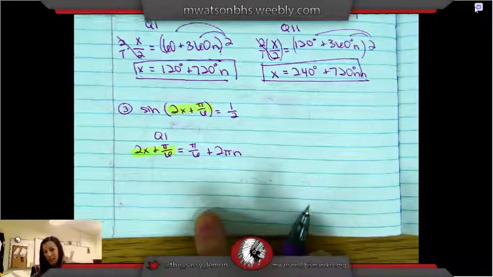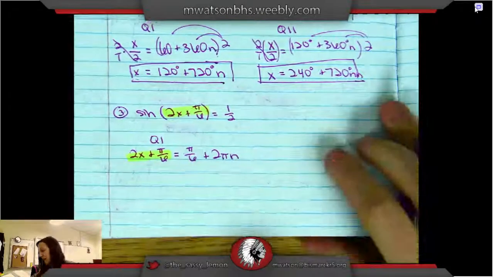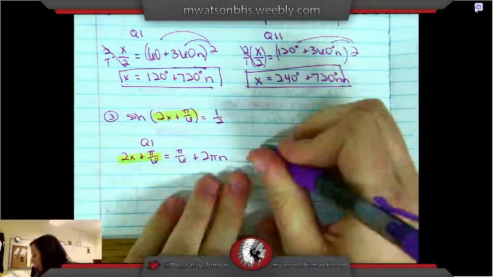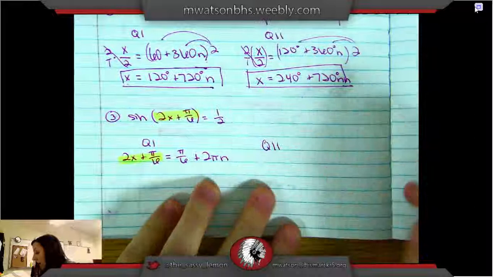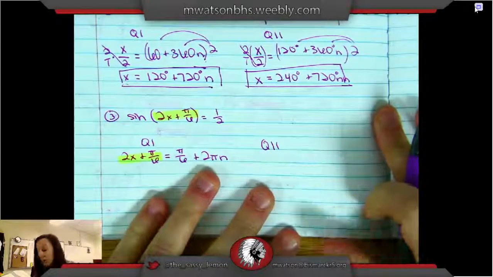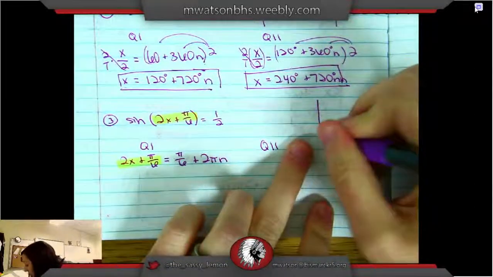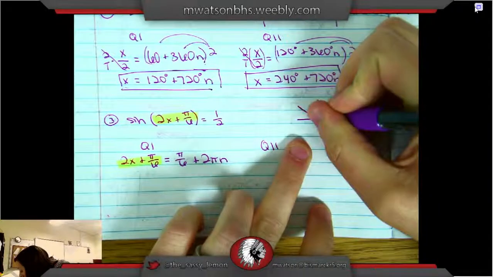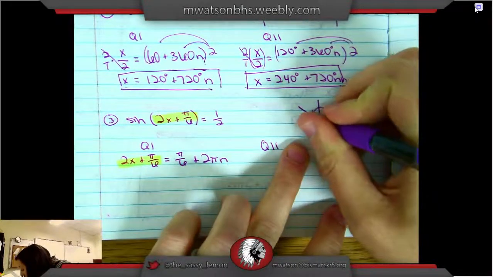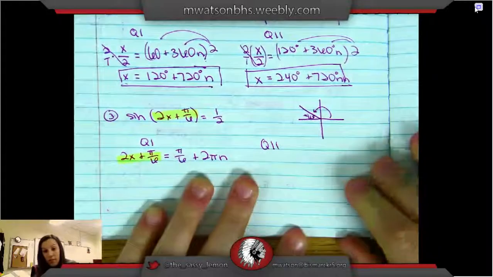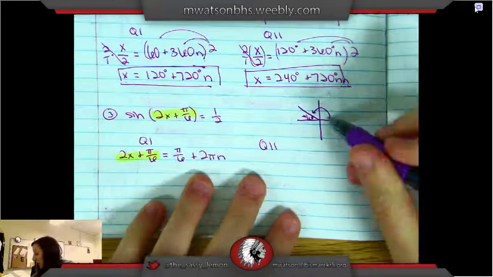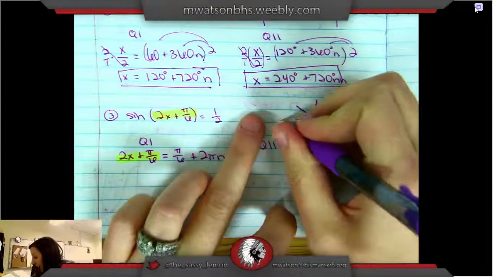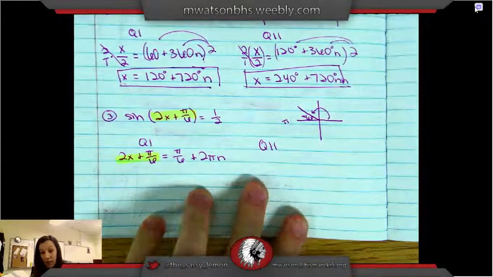But wait, we also have to think about quadrant 2, because in quadrant 2, sine is also positive. So I'm going to draw my reference angle. Right here, my reference angle is pi over 6. So in order to figure out how big this angle is, we have to do pi minus pi over 6.